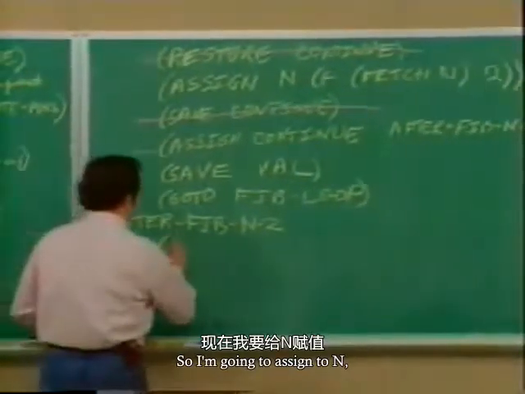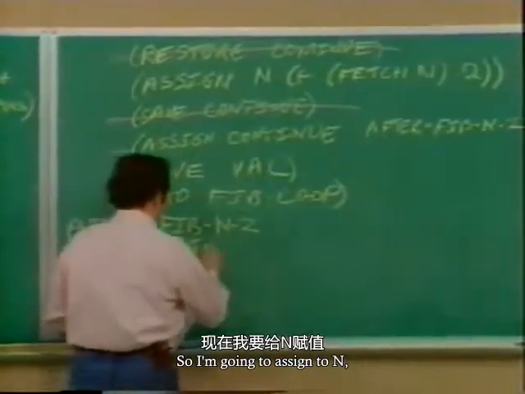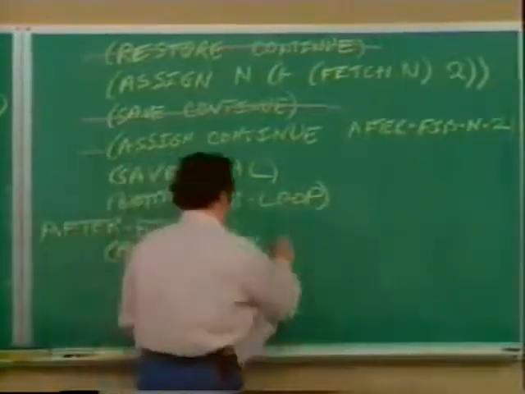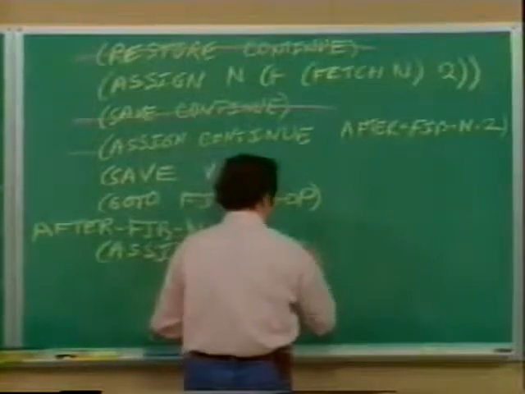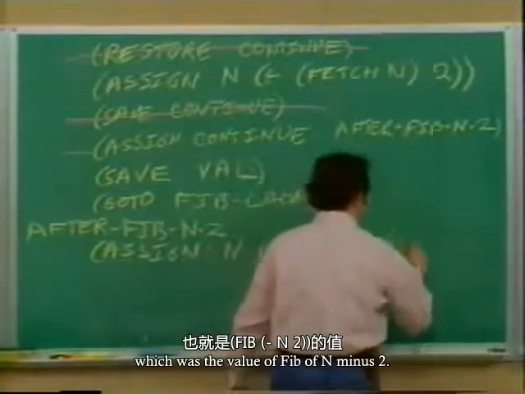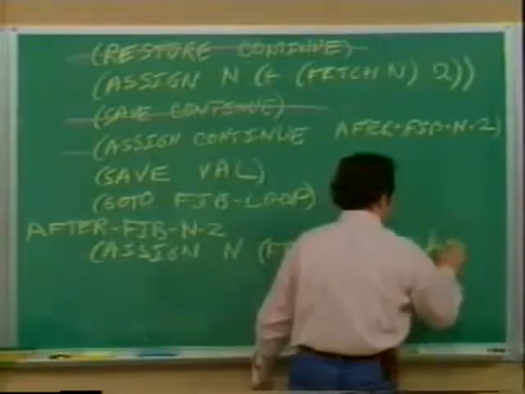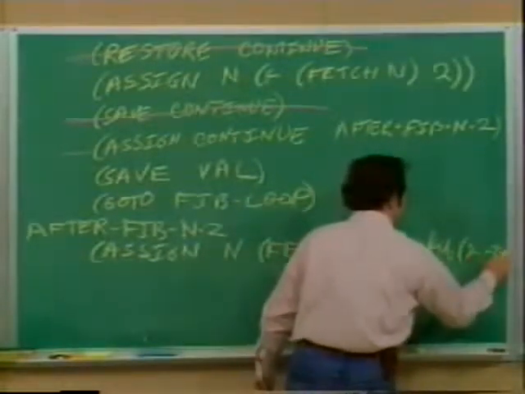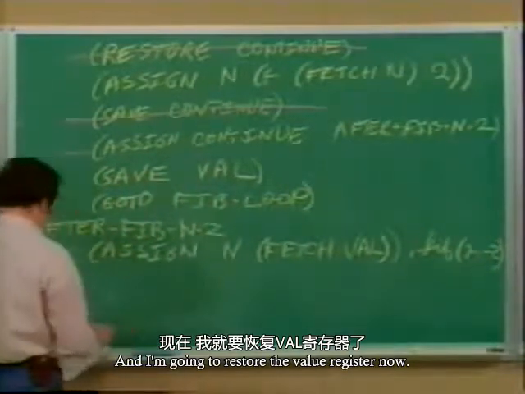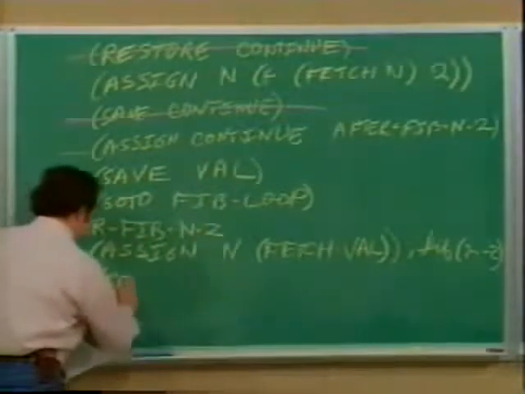So I'm going to assign to n, because I'm not going to need n anymore. N is useless. The current value of val, which was the value of fib of n minus 2. Okay. And I'm going to restore the value register now.